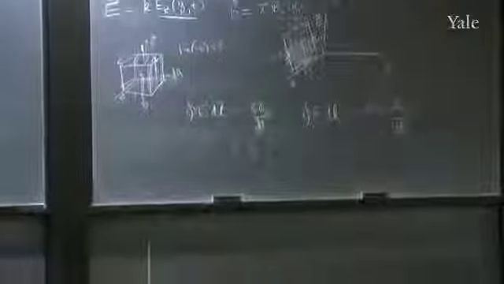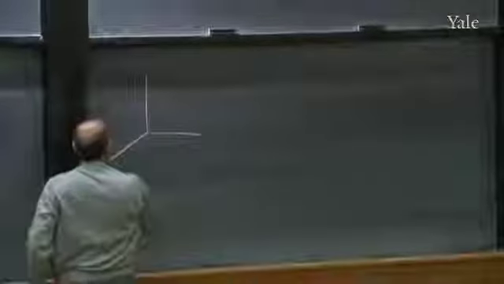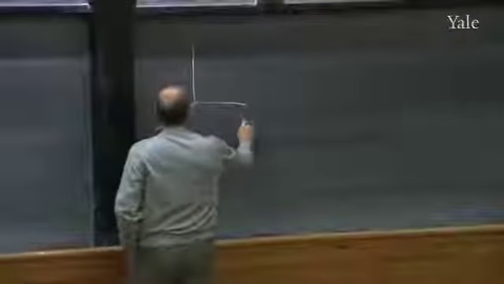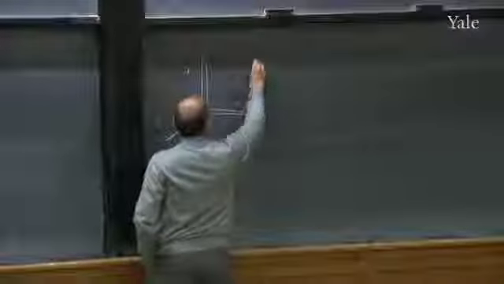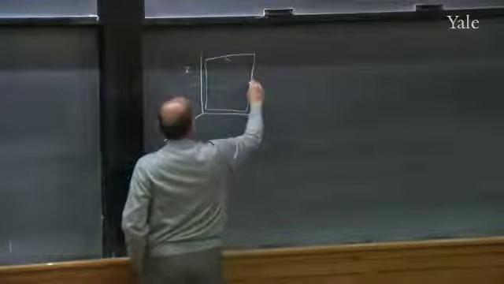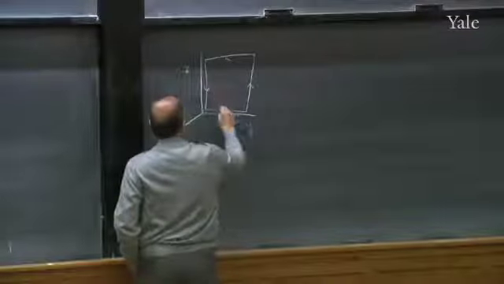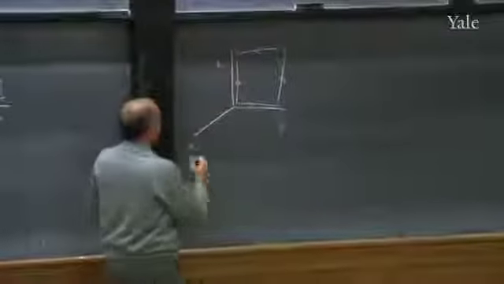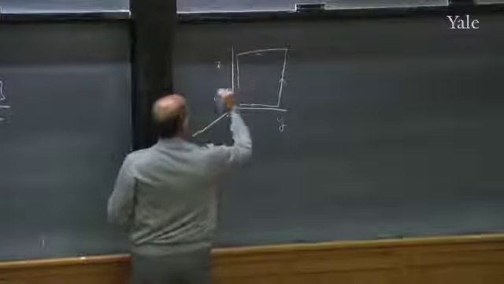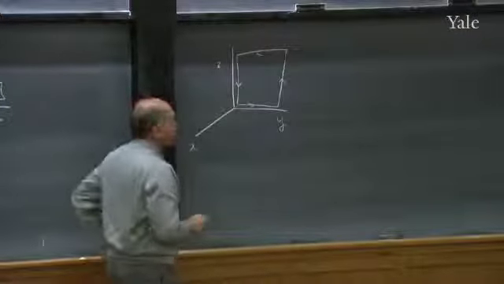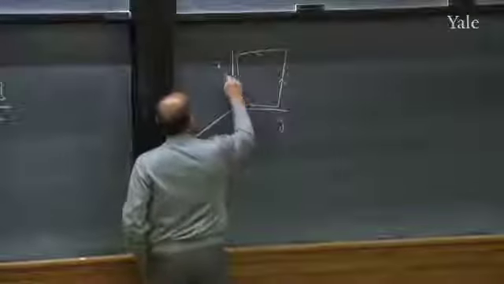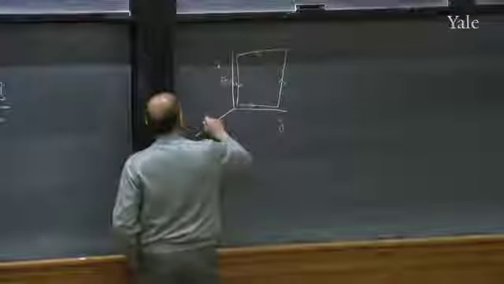So this is x, y, z. Let's take a loop that looks like this. I've chosen it so that with the right hand rule, the area vector is perpendicular and coming out the x-axis. I remind you once again, E looks like that and B looks like this.